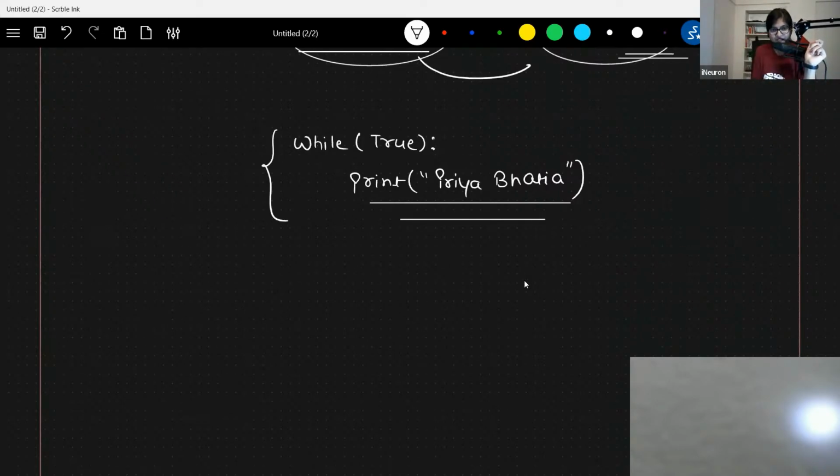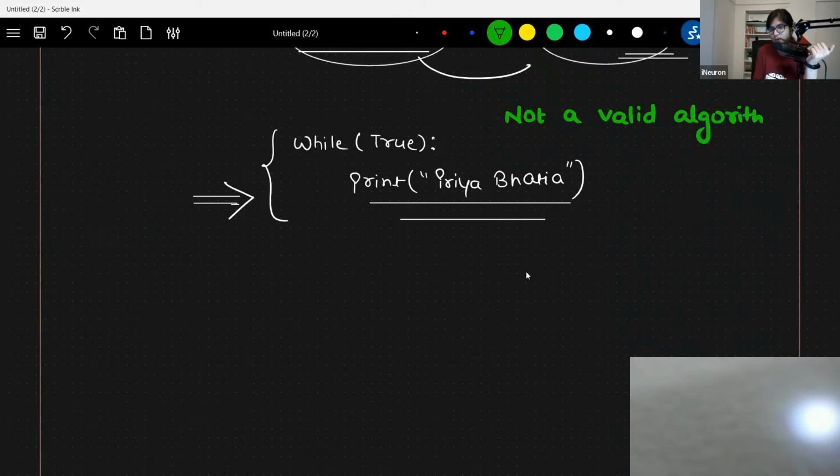Can you tell me, will the code I am writing here be a valid algorithm or not? Can you categorize it as a valid algorithm? Many people are saying no, but there are some students who are saying yes. Why yes? Why is it a valid one? No, it's straightforward. It's not a valid algorithm. Who will give me the reason? Why is that so?